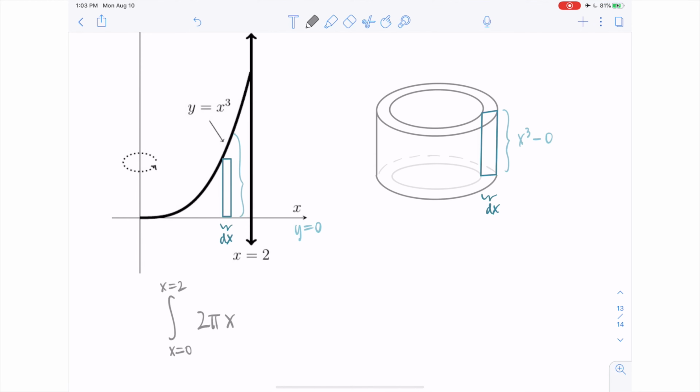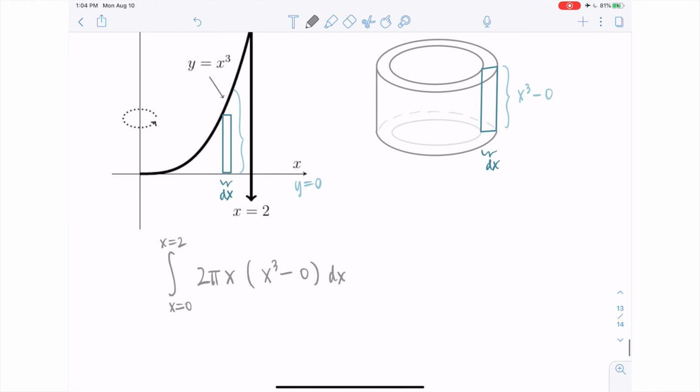The radius here is just x, since we'd be going from 0 out to some value x. Then we do the top function minus the bottom function, so x cubed minus 0. And then we multiply by the width, which is dx. Honestly, we've already set this up. We just have to simplify and evaluate.